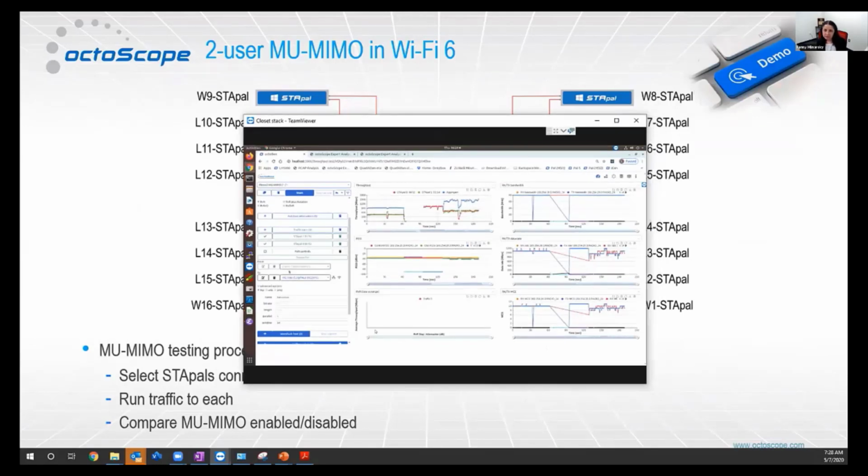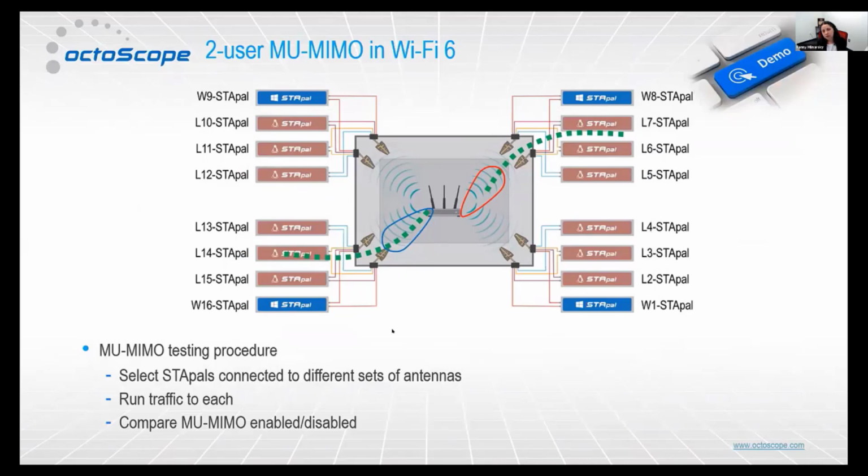There's another question. Can you observe similar MU-MIMO total throughput with a 4x4 router or 8x8? Is 8x8 required for spatial diversity? That's a good question. Theoretically, you can form a better beam with 8 antennas versus 4. In practice, we have not seen good performance with the 8x8 devices that are available.